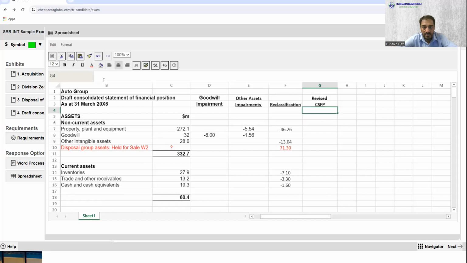Number one, the very important point. You just make a total over there. After making a sum, I will tell you a very amazing point.